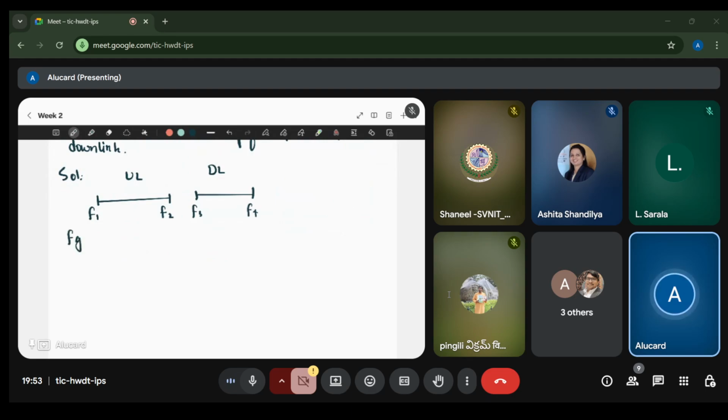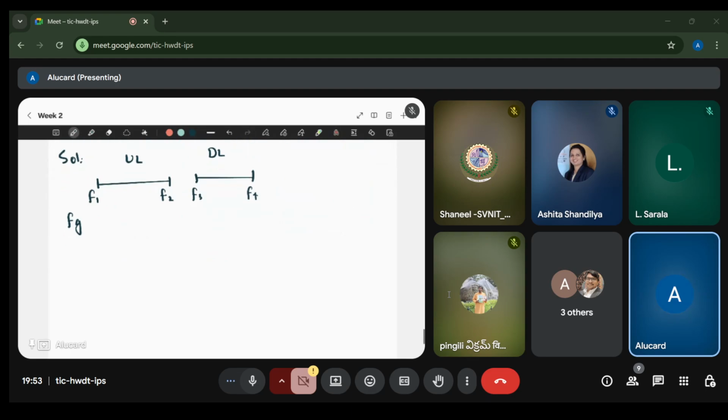I'll give you a guard band frequency, FG. You have to leave half of that on one side, FG by 2. Sorry. Then each channel has some frequency band that is allocated. So half of that is given as guard band on both sides.